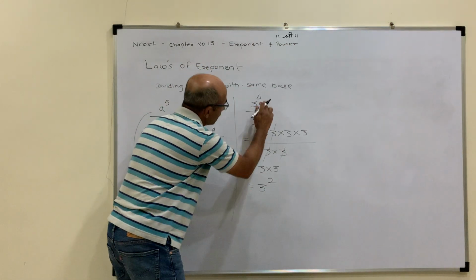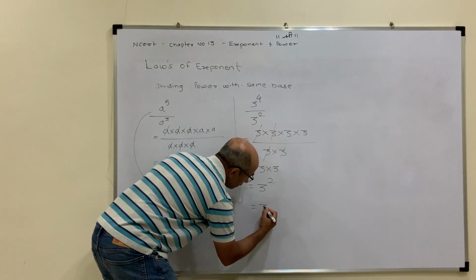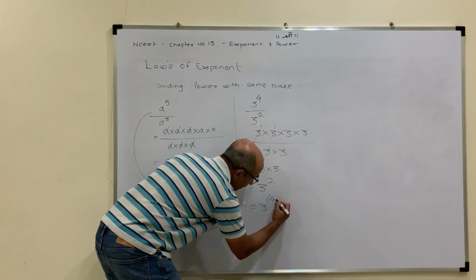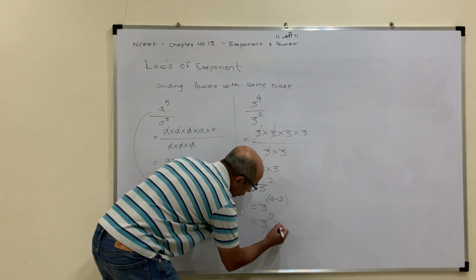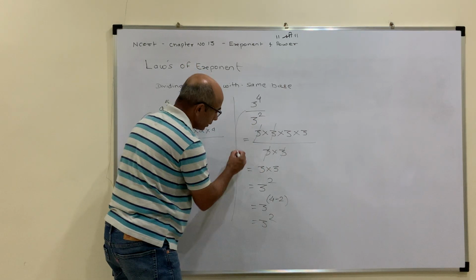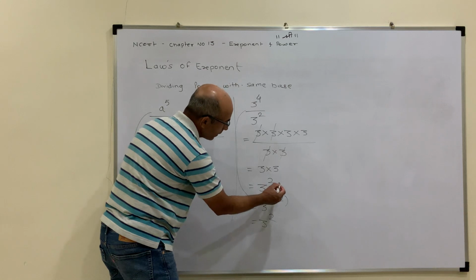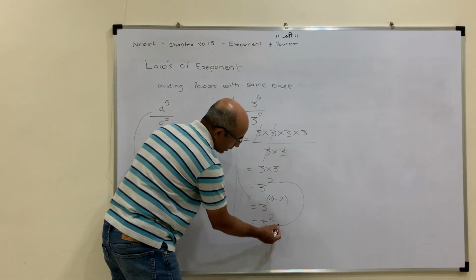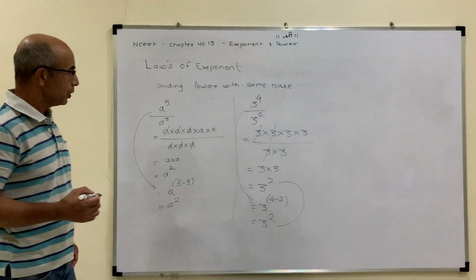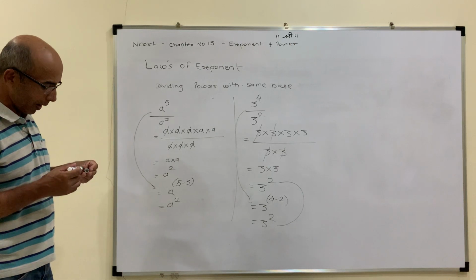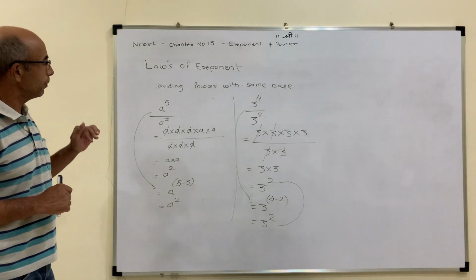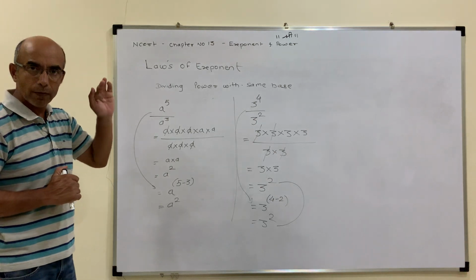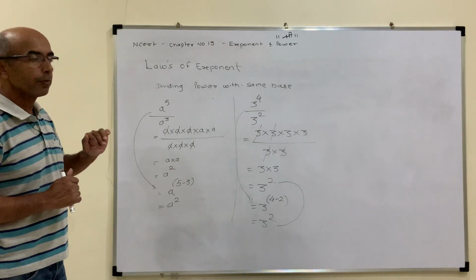That means 3 raised to 4 minus 2, that is 3 square. So if we solve this straight away in this manner, this answer and this answer come out to be the same. So when you're dividing powers with the same base, we subtract the power of the denominator from the power of the numerator.